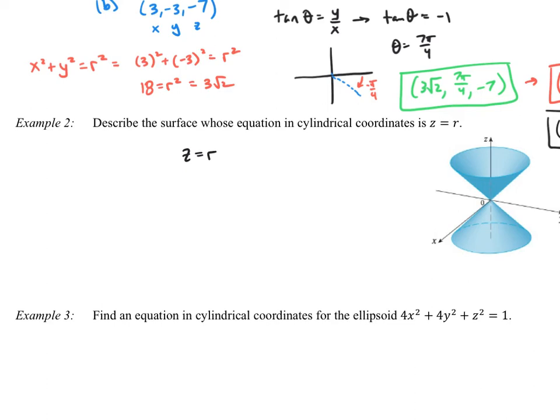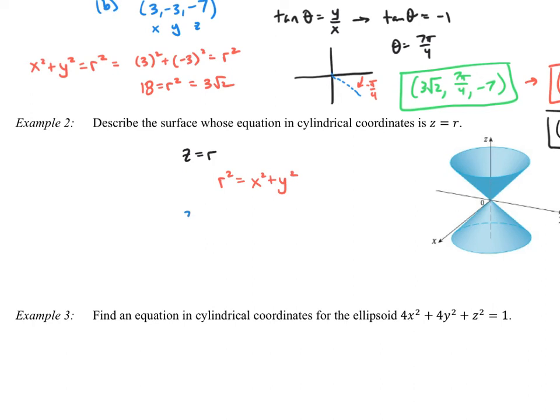Z is part of it as well, but we can keep z. We want to figure out how to swap out the r with the x's and y's. If you remember, one of our equations that connects r and x and y is r squared equal to x squared plus y squared. So how could we manipulate this problem in order to see that r squared show up?